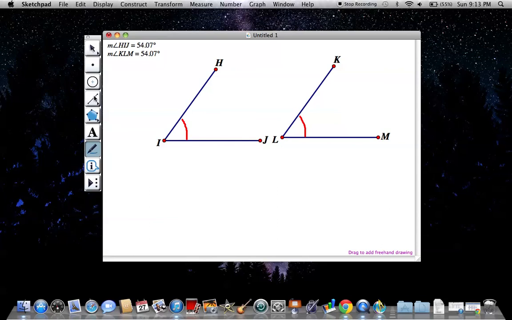So if this segment right here split angle HIJ in half, so that the angle here was exactly half of 54.07 and this was exactly half of 54.07, then this segment is an angle bisector of HIJ.